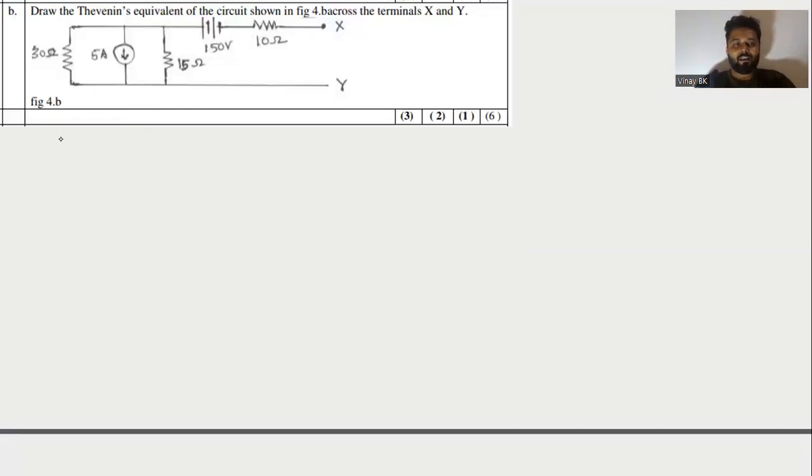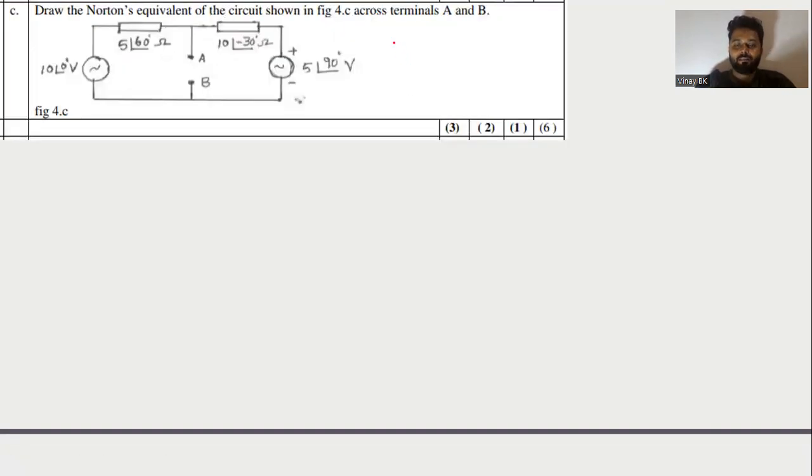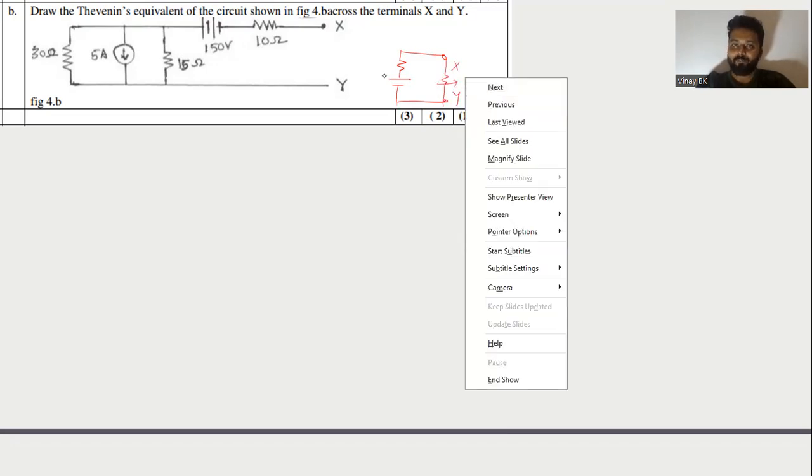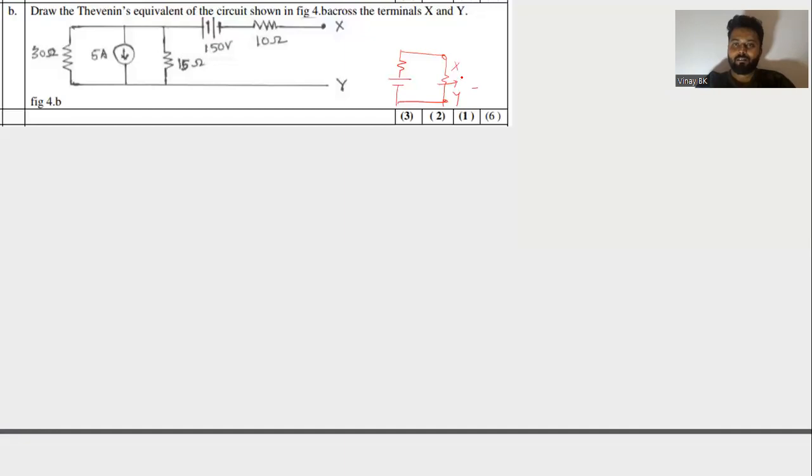So here the equivalent circuit is nothing but one resistor in series with a voltage source across these terminals X and Y. Here we're connecting a load resistance RL. They have not given the value of RL. Clear? RTH you need to find, VTH you need to find.